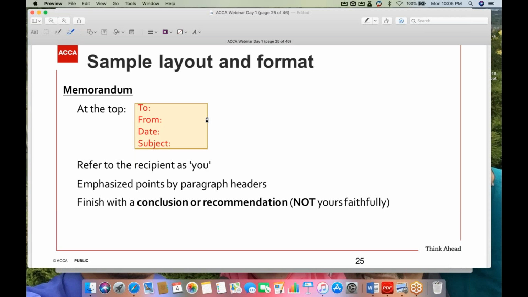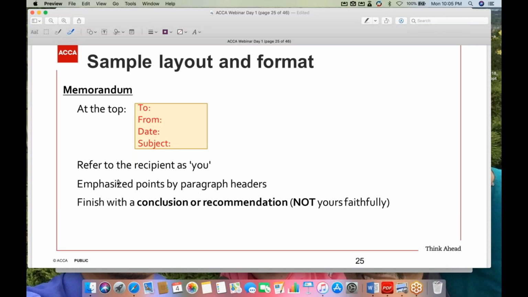So the next part here is a sample layout of the format as well. This is your memorandum, a memo. Usually you have To, From, Date, and Subject. So it's good to refer to the recipients as you, and you emphasize points by paragraph headers.